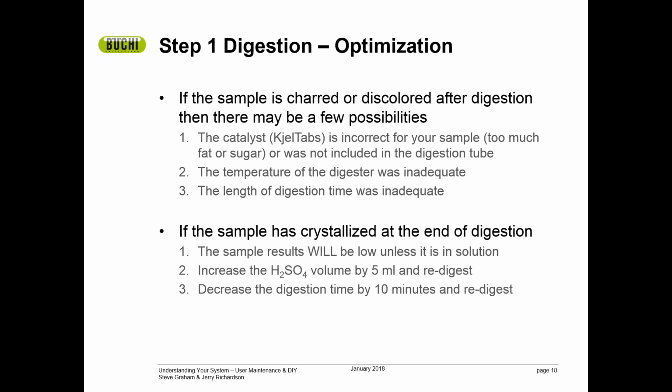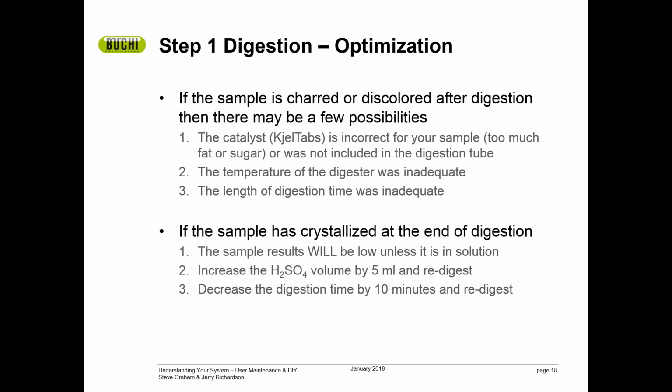If the sample is crystallized at the end of the digestion, this is kind of the opposite of the first bullet point. If you have a solid at the end of your digestion process, typically that is due to the volume of sulfuric acid being too low, and you make a supersaturated solution which crystallizes.